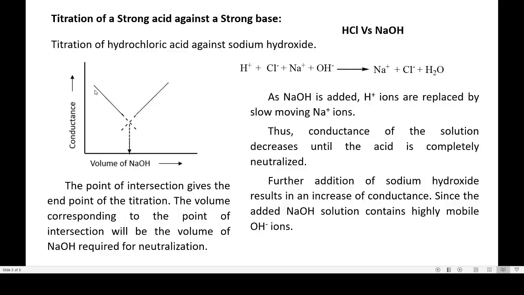The two straight lines obtained intersect at one point, which is the end point, and the volume corresponding to that point is the volume of sodium hydroxide required for neutralization.